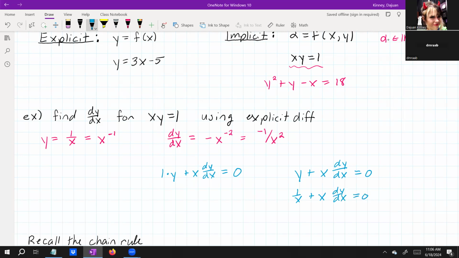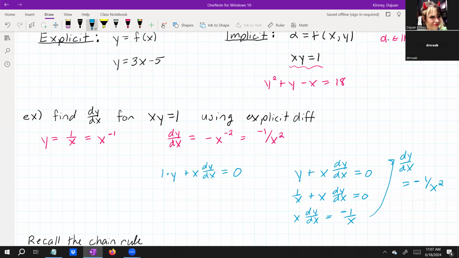And now I solve it for dy/dx. So bring that over. x dy/dx equals negative 1 over x. Divide both sides by x. Sorry, running out of space. dy over dx equals negative 1 over x squared. That was kind of messy.